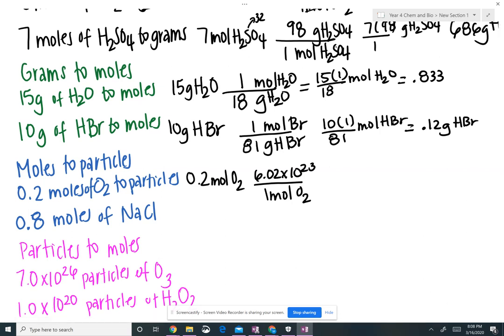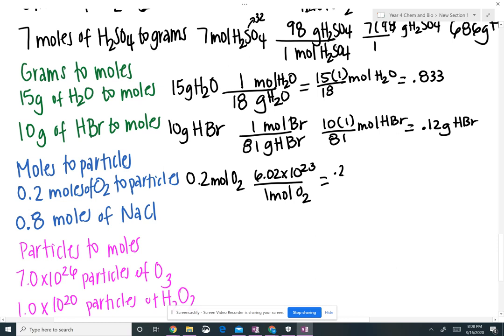This is easier to do on Desmos. Sometimes if you do it on a different calculator, you're more likely to mess up. So I'm going to plug this in on my Desmos. I'm going to go 6.02 times 10 to the 23rd, and take that answer times 0.2, my bad, 0.2.